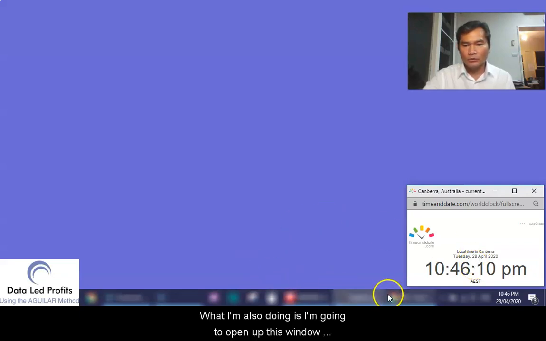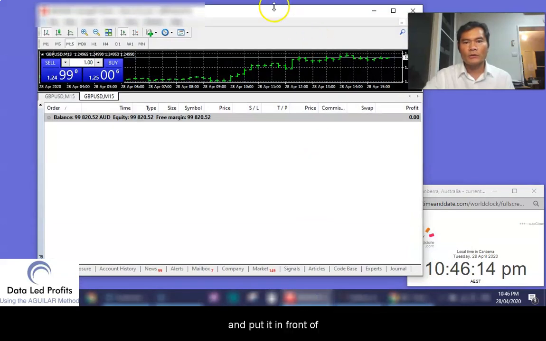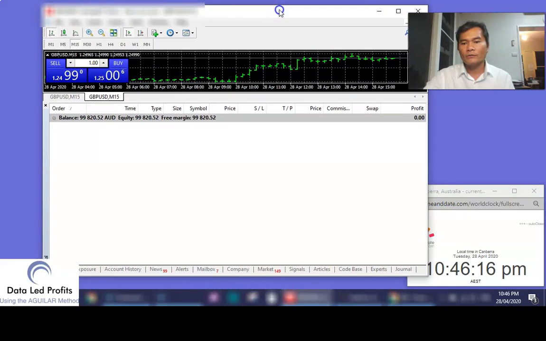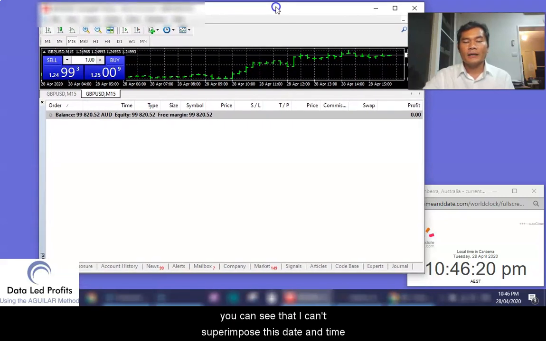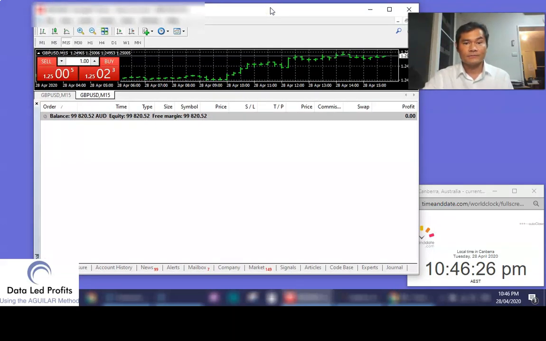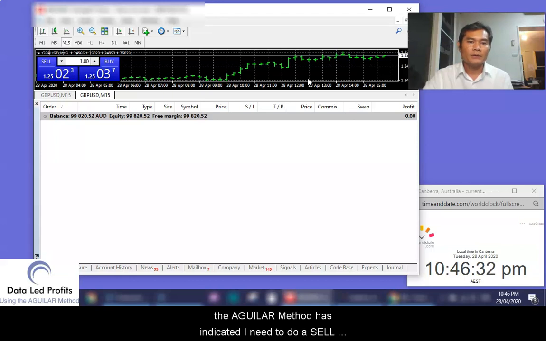What I'm also doing is I'm going to open up this window and put it in front of the time. That way you can see that I can't superimpose this date and time after the fact. Okay, now I've just analyzed the charts, and the Aguilar method has indicated I need to do a sell here.